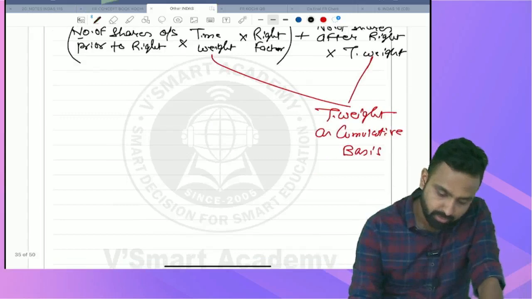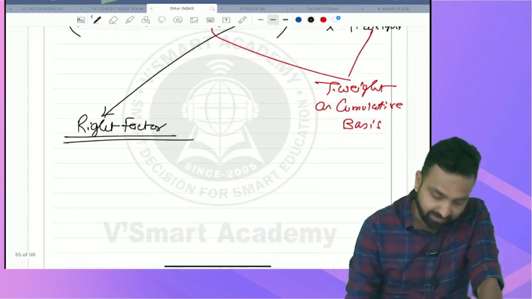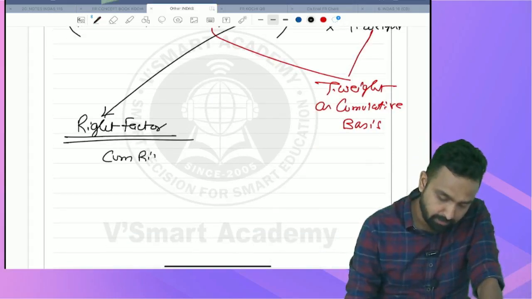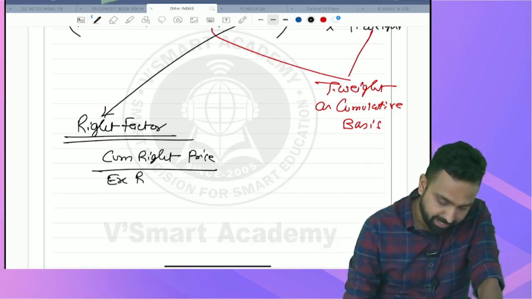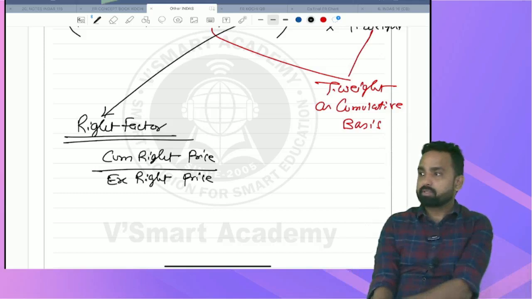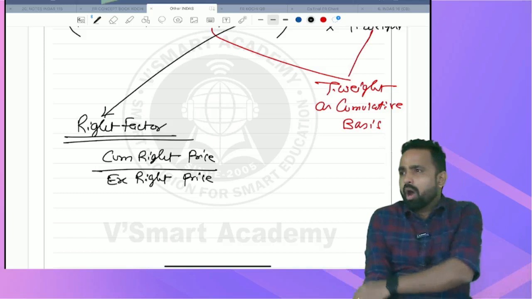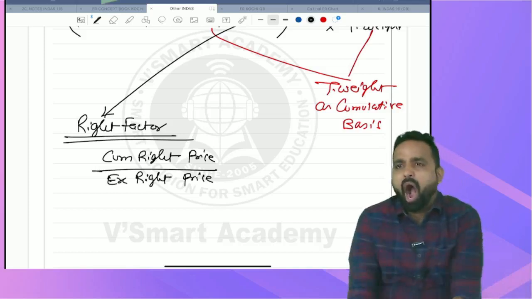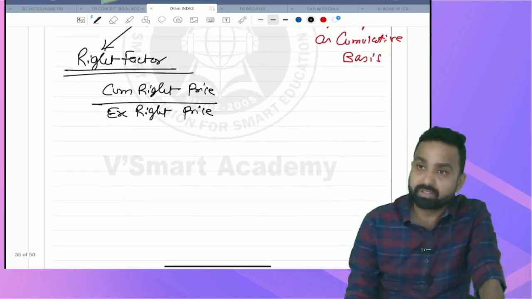One more thing. What is the right factor? The right factor is cum-right price divided by ex-right price.